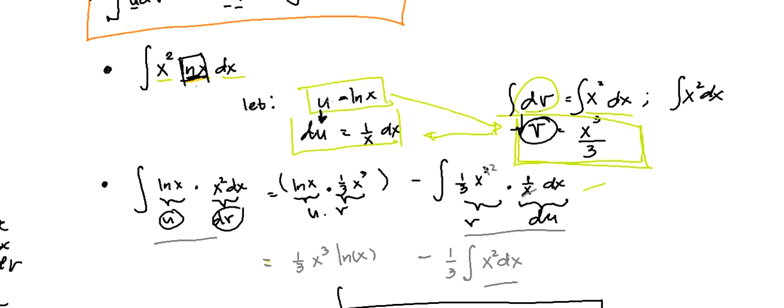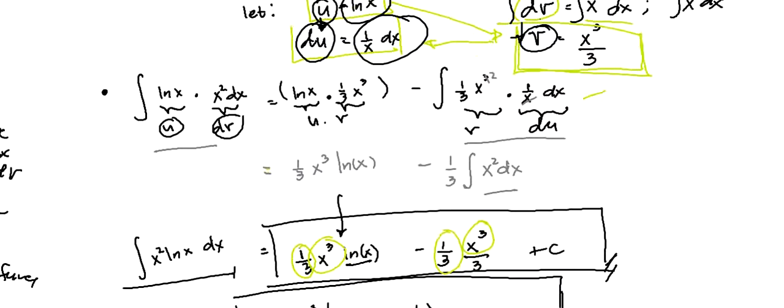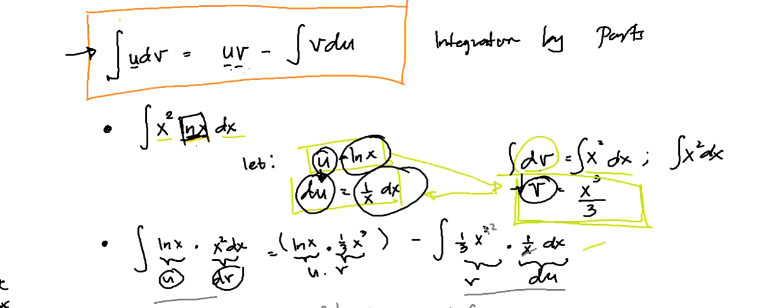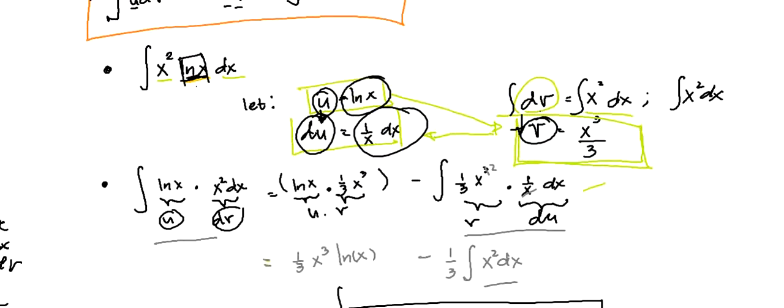Then if we take the derivative of this, we have the du, and the derivative of ln of x is 1 over x dx, right? Then we change our main integrand into the form of integration by parts, which is uv minus the integral of v du.